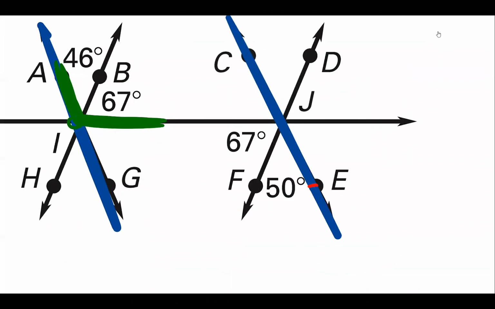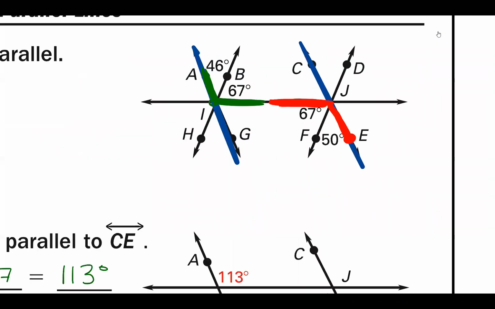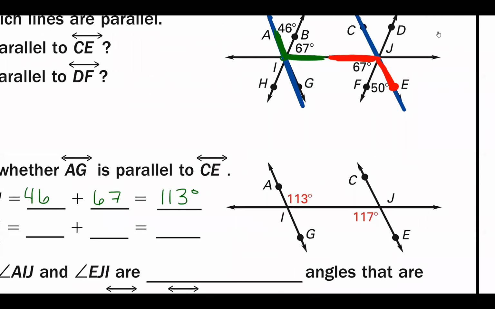So we're going to start at E, go to J, and then go to I. What two angles will be added together there? 67 and 50. So 67 and 50. And when that's added together, what does that give me? 117. In order for those two lines to be parallel, what must be true?